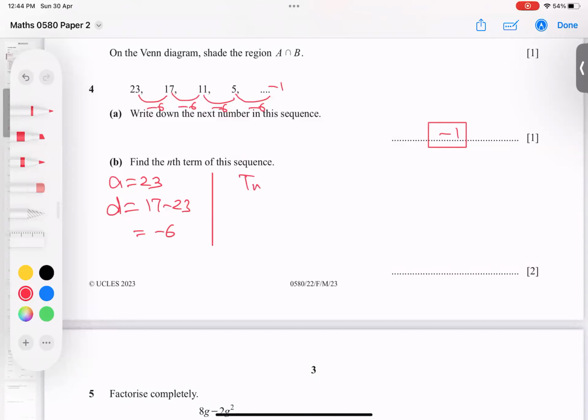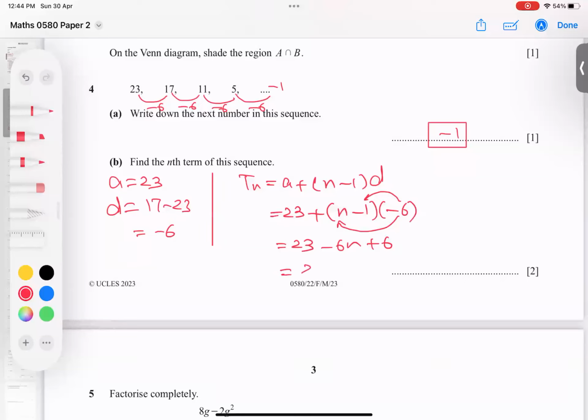Tn is equal to a plus n minus 1 into d. Replace a with 23, keep n as n, and the difference is -6. So -6 multiplied with n is -6n, and negative multiplied with -1 is plus. I got 29 minus 6n. I hope you got the point very clear.